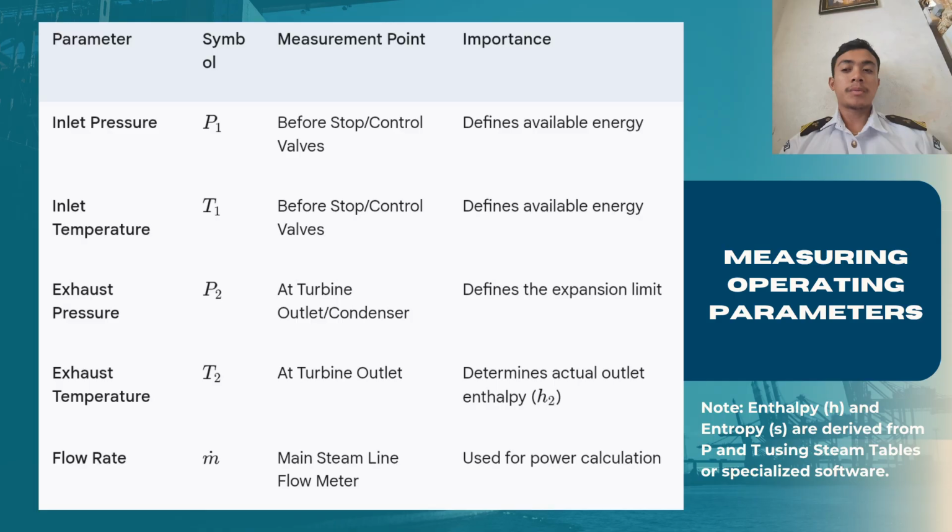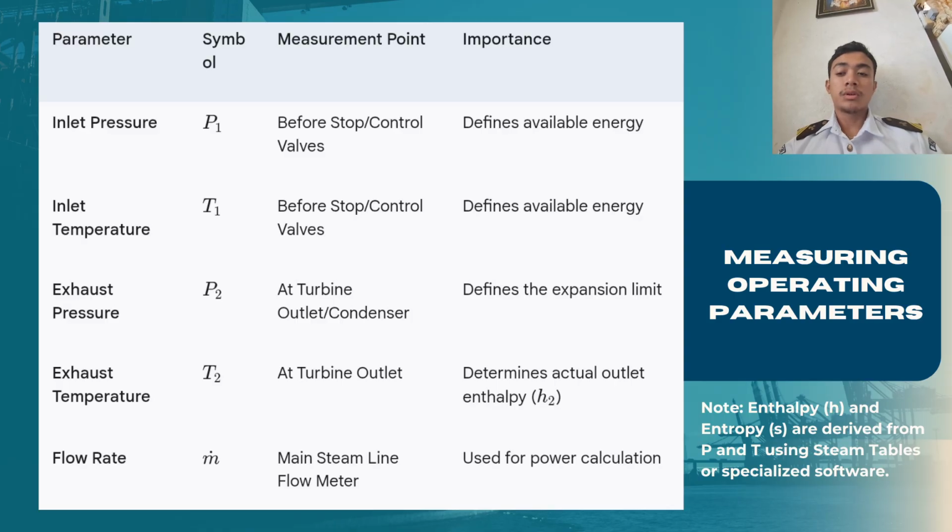Measuring operating parameters. Inlet pressure P1 before the stop or control valves and inlet temperature T1 before the stop or control valves define available energy.